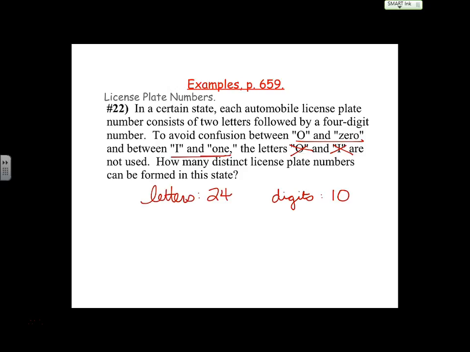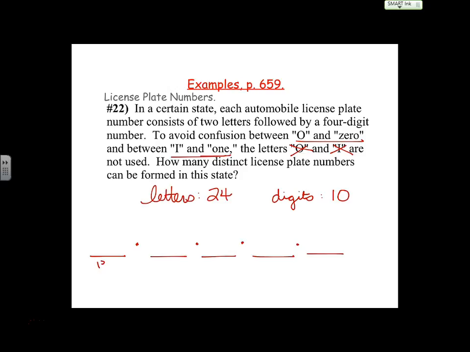Our case is, to pick a license plate, you can have one letter and another letter, so we can say first letter, second letter. And what else can you put together? Or what else do you need? You guys see how my blanks represent my different filling in of the scenario?